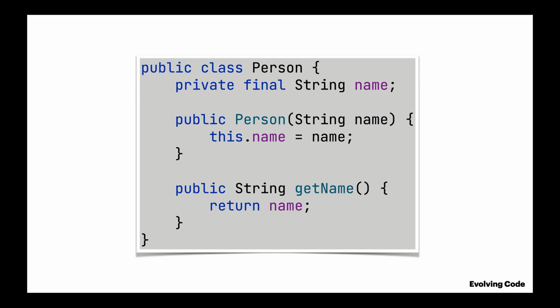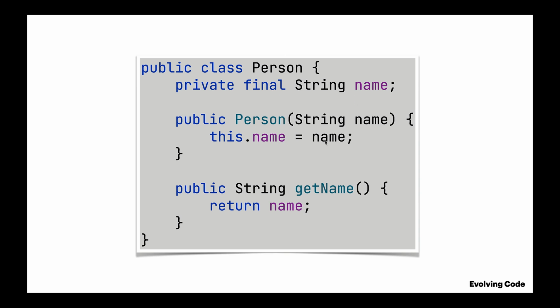I have a class which is a person, and I have a field name, and I'm initializing this field in the constructor. I just have one constructor that takes name as argument, and I'm doing this dot name equal to name. So this dot name refers to the instance field, right?